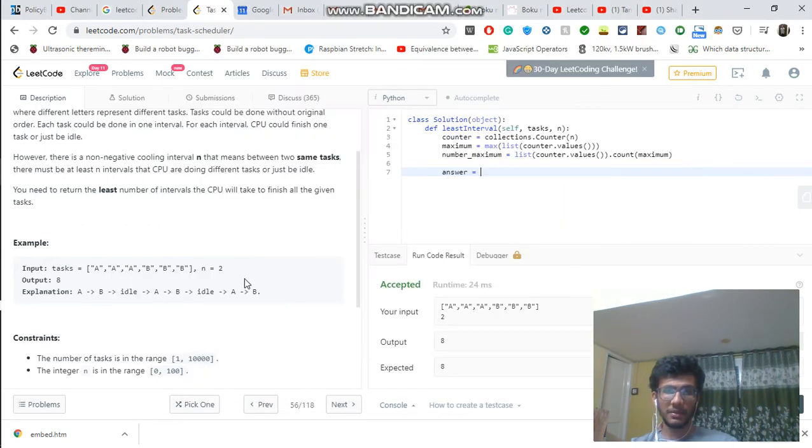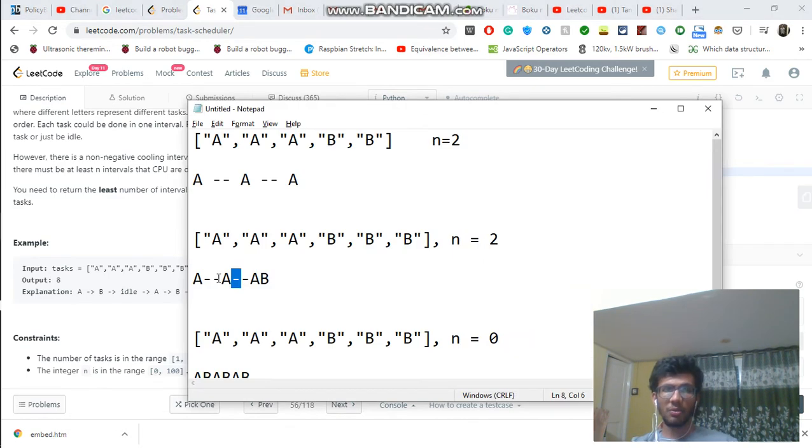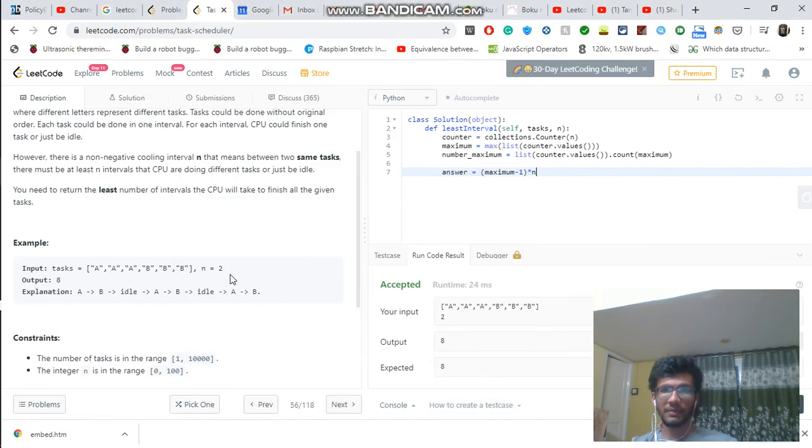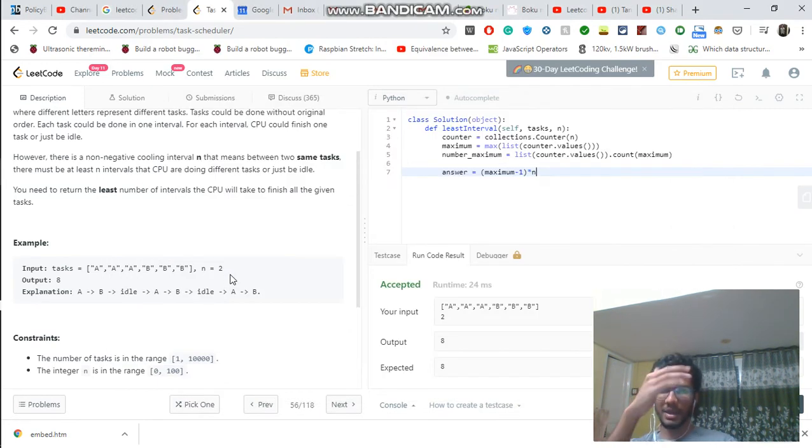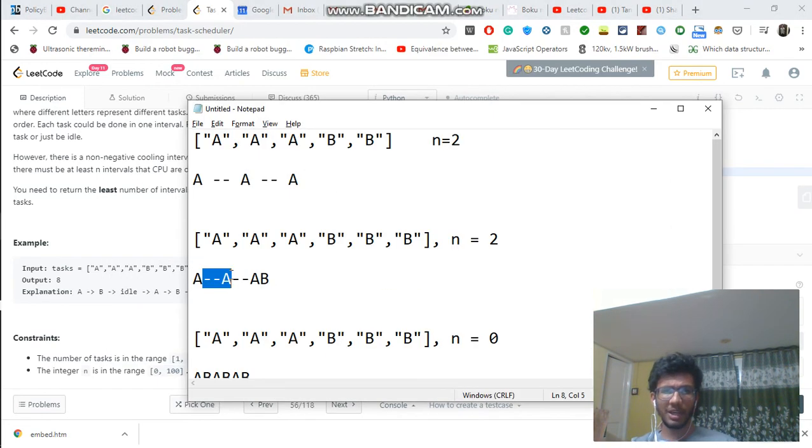So it is (maximum minus 1) times n, the spaces. In this scenario, that was 2 into 3.